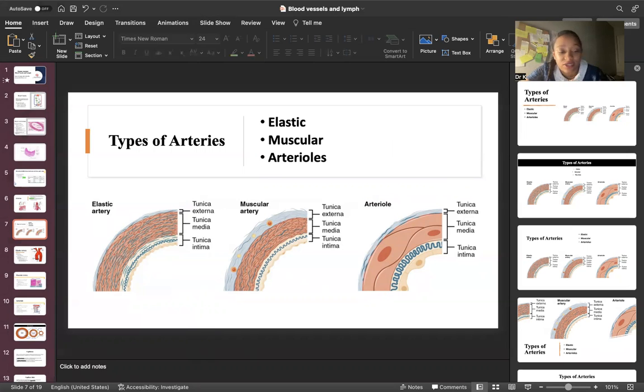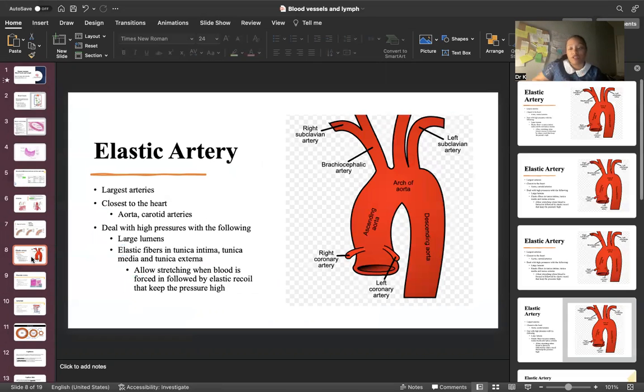Okay, so now these are the different types of arteries that most likely he's going to test you on. He's going to ask you about what elastic arteries are, what muscular arteries are, and what arterioles are, and what makes them stand out, what makes them different. Right? Okay. And usually the elastic artery is going to be your largest one, right? They're usually close to the heart.